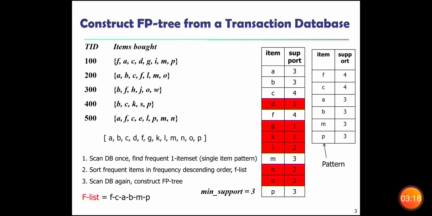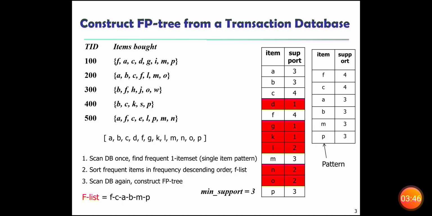Same way, item B occurs in the table 3 times. Transaction ID 200 has item B, transaction ID 300 has B, and transaction ID 400 has item B. So the support count of B is 3.